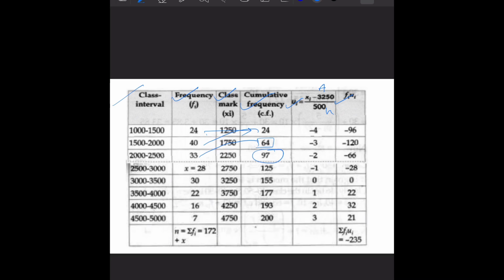You get, as we have got x is equal to 28 and so on. Final answer will be 200.